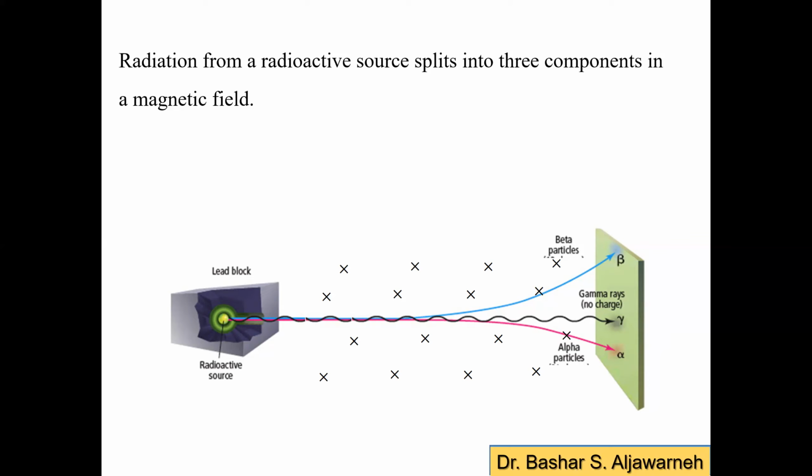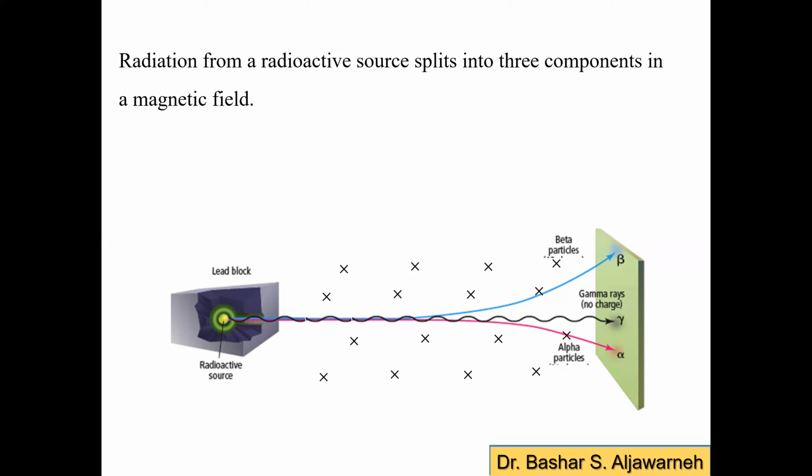In general, if we have a charged particle, like electron or proton, and we place this charged particle inside a magnetic field, the charged particle will experience a magnetic force, and we can determine the direction of the magnetic force using the right hand rule.